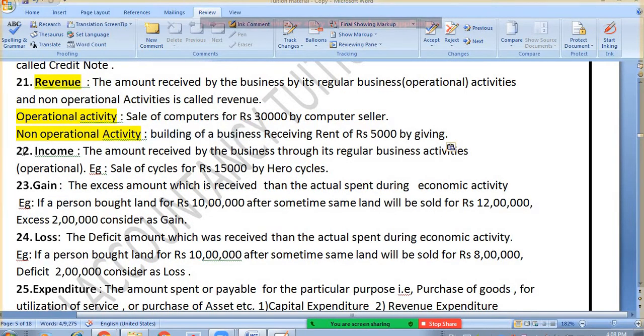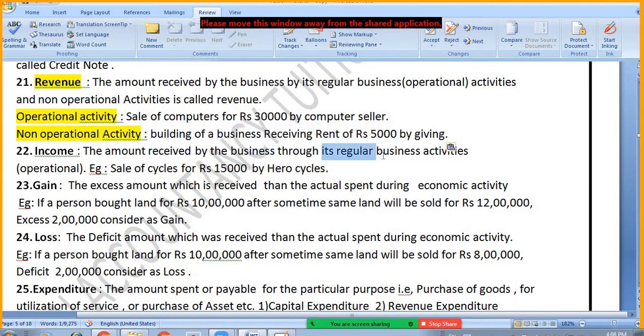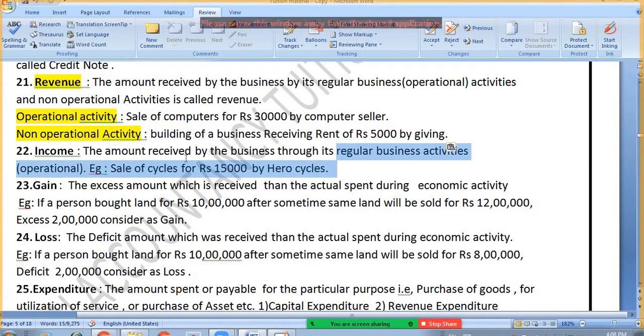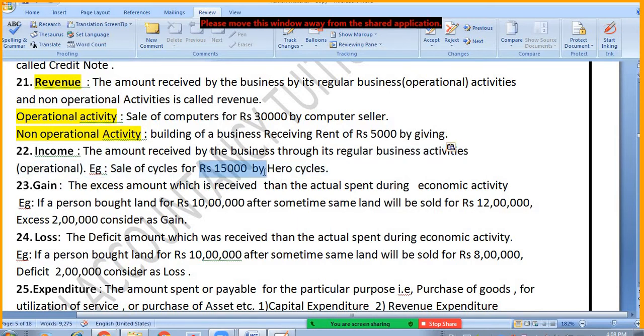Well, next one, income. The amount received by the business through its regular business activity, that is, operational activity, is called income. The example for that is the sale of cycles for rupees 15,000 by Hero Cycles.